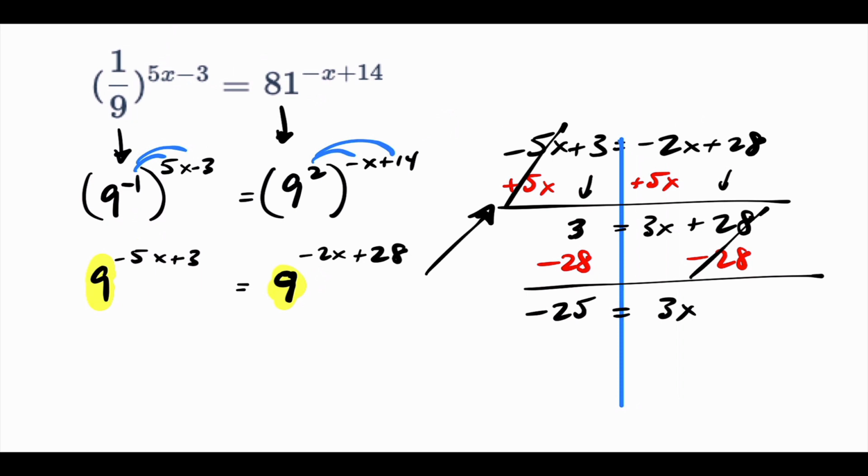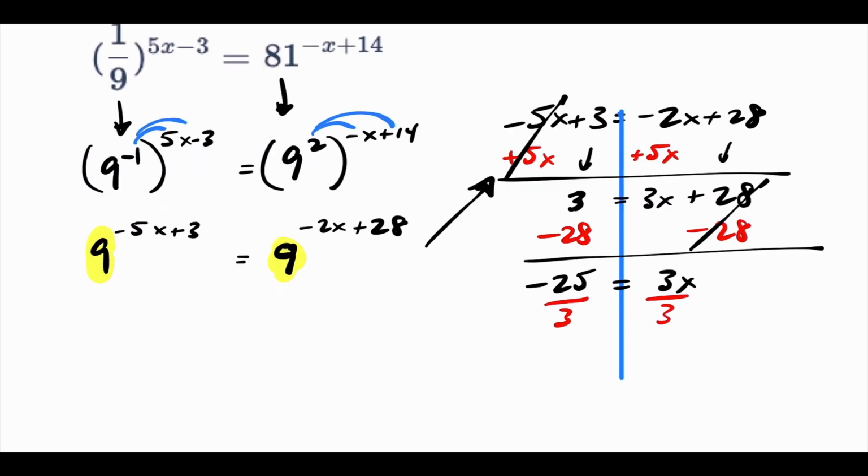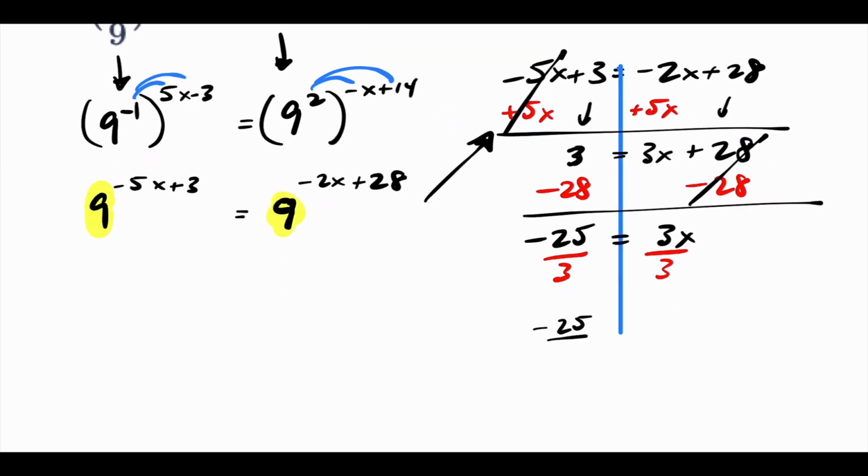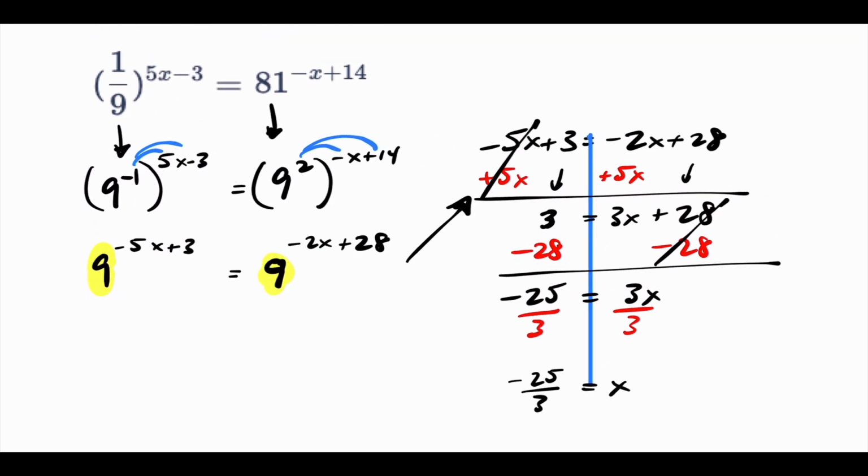Okay. Divide by 3. It's going to give us a fraction that can't be divided. It's okay. We can have ugly answers. It's okay as long as you did everything right. So if you get an answer like that, just double check that you did everything correct. If you did everything correct, leave it like that.